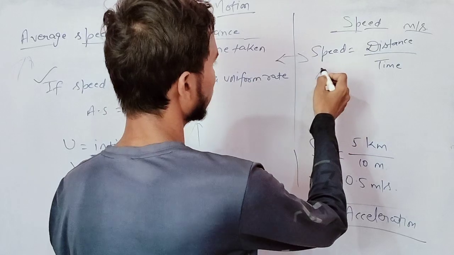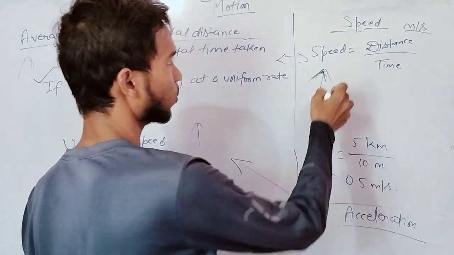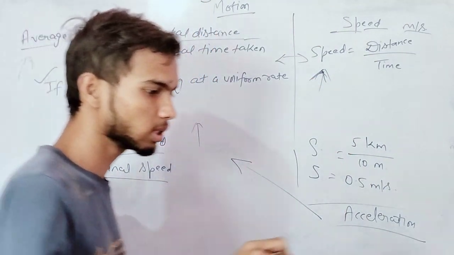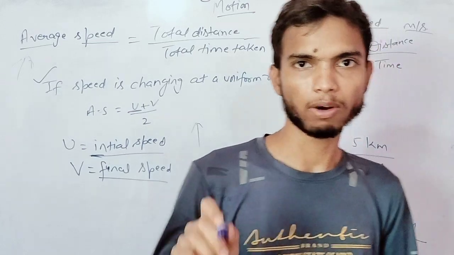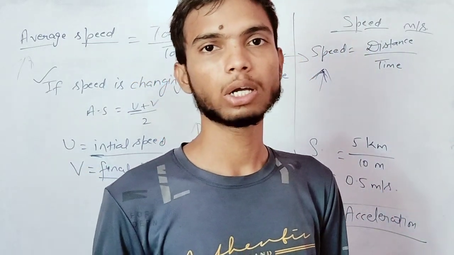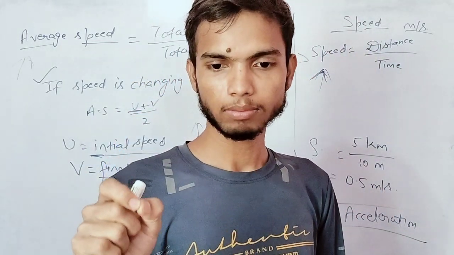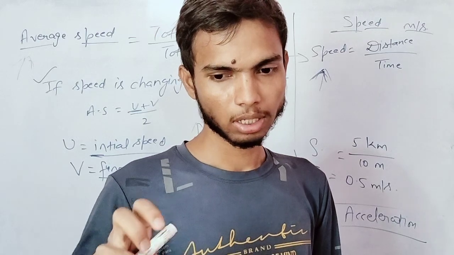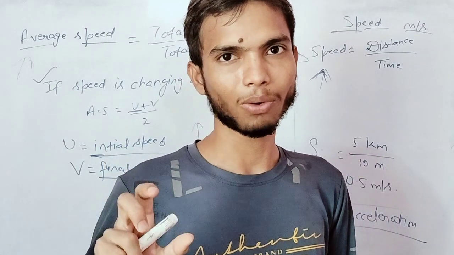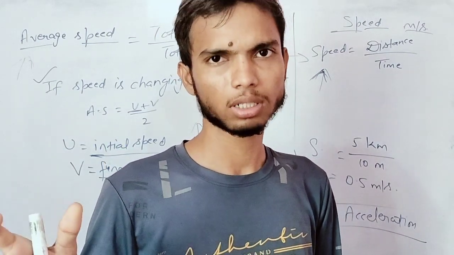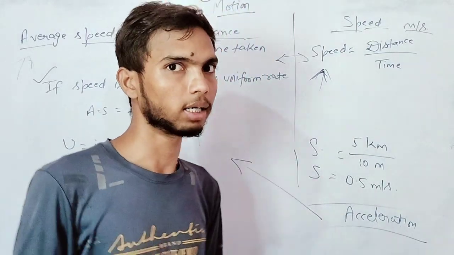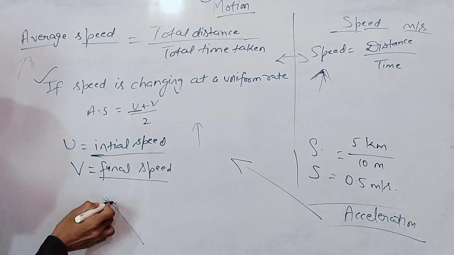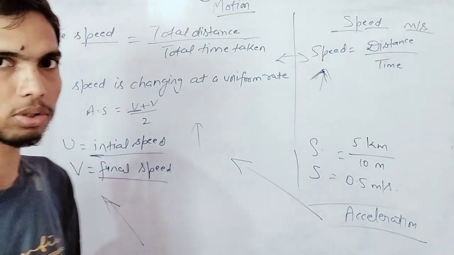The difference is that here we don't see what the initial speed or the final speed was. We see the exact speed. So here can we say that the speed was constant? Yes. And in this other case we cannot say that the speed was constant.